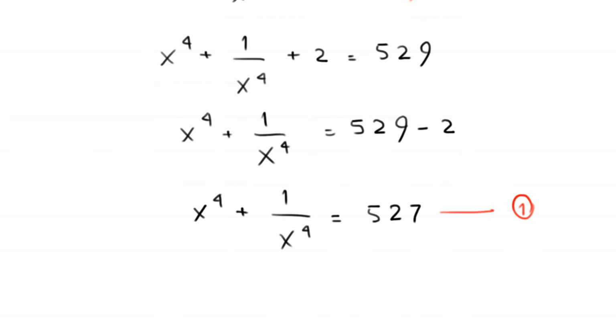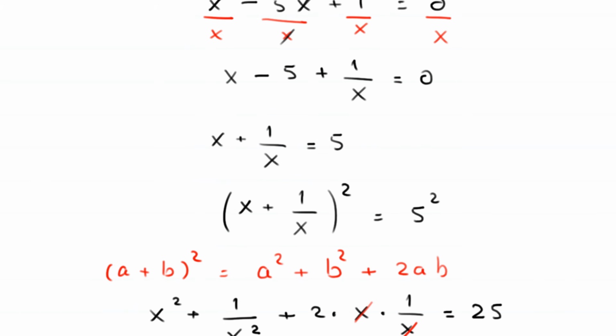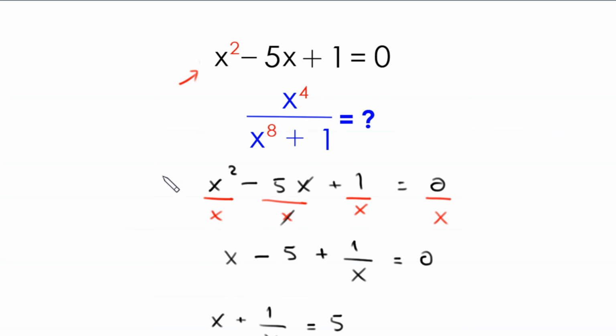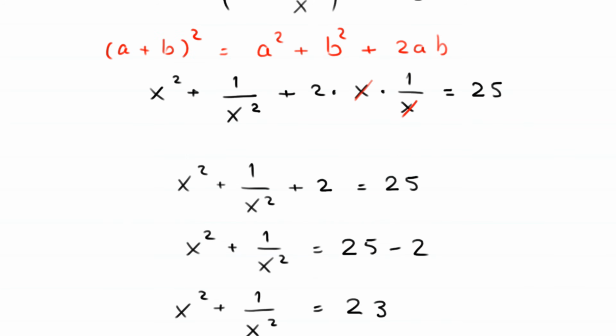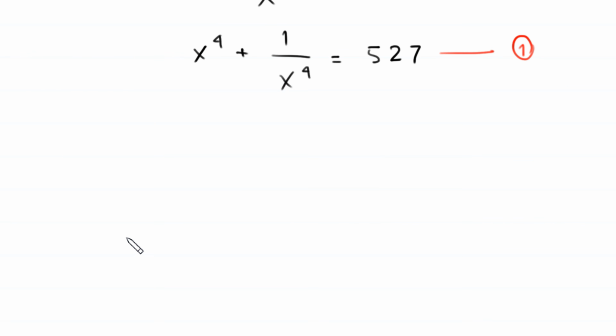Now we have to find the value of the expression x to the power 4 divided by x to the power 8 plus 1. From this expression we divide the numerator and the denominator by x to the power 4.